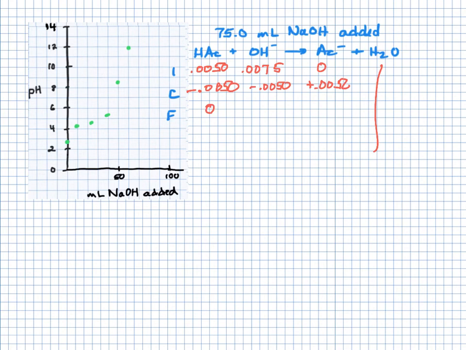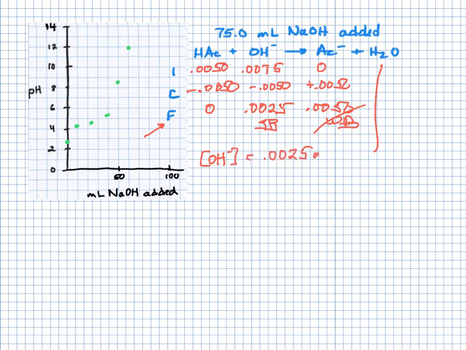So there's none of that. 0.0025 of this. 0.005 of this. Again, I look at my final row and say, what do I have? I have a strong base and I have a weak base, so I am going to ignore that.